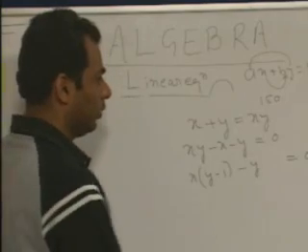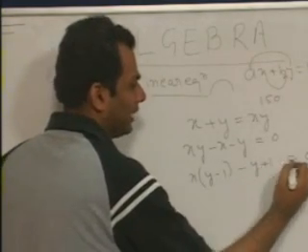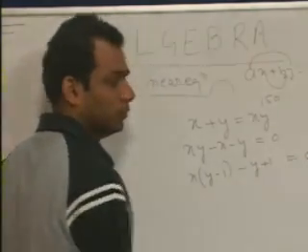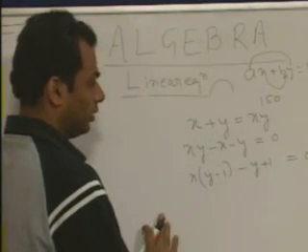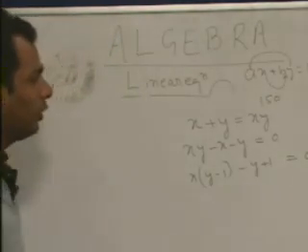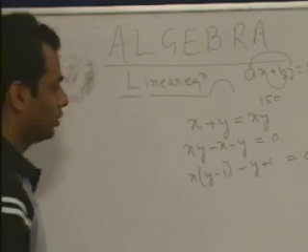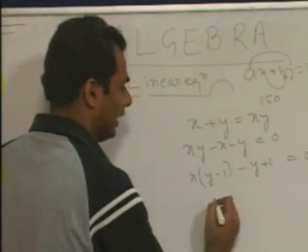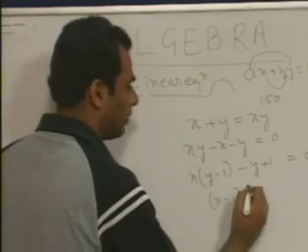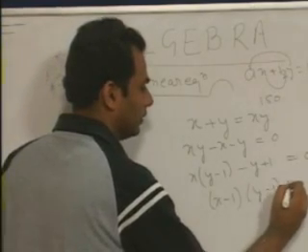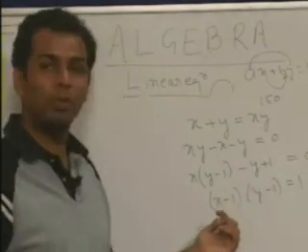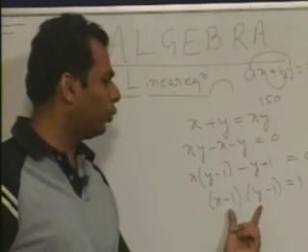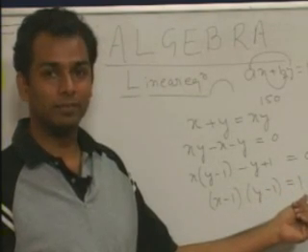Now add 1 on both the sides. So from here I will get x minus 1 into y minus 1 is equal to 1. And now this question is simply, in how many ways the product of two integers is equal to 1.